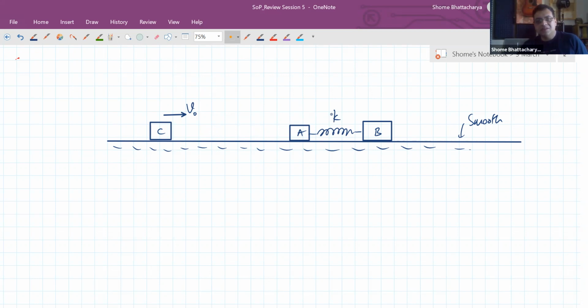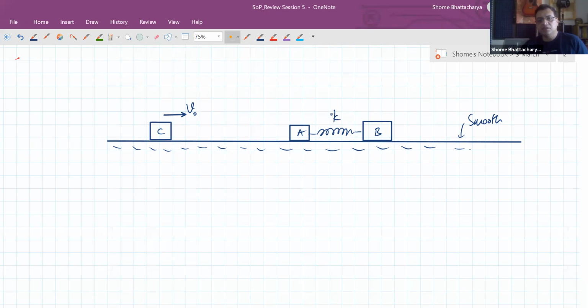And once A starts moving after the impact, once it's got some displacement, that's when the spring comes into action because the spring compresses. And then it is the system of A plus B plus the spring moving in such a way that the whole system's linear momentum is conserved and the whole system's mechanical energy, including the elastic potential energy of the spring, is conserved.